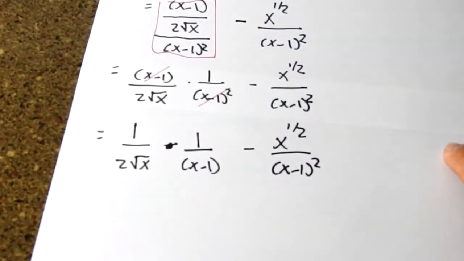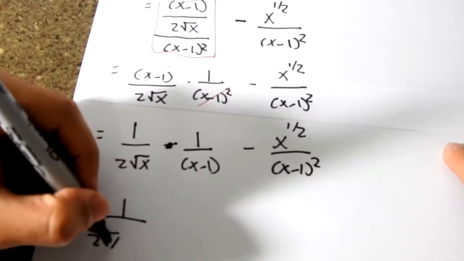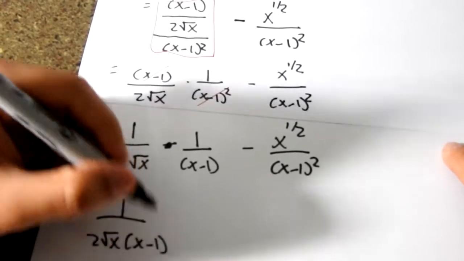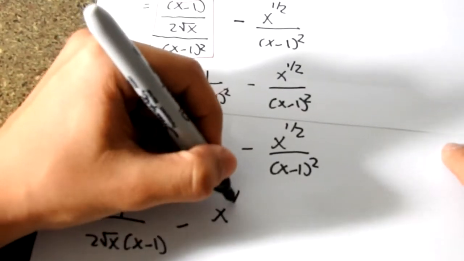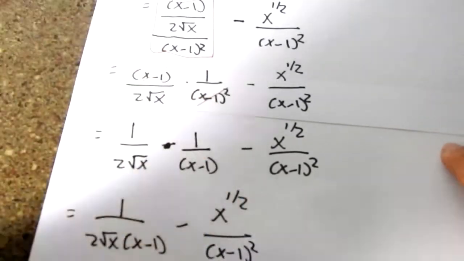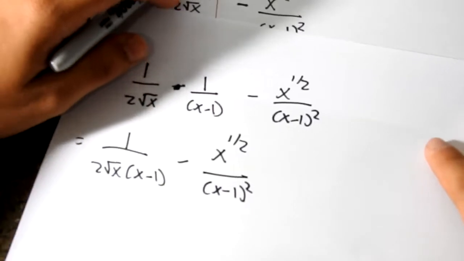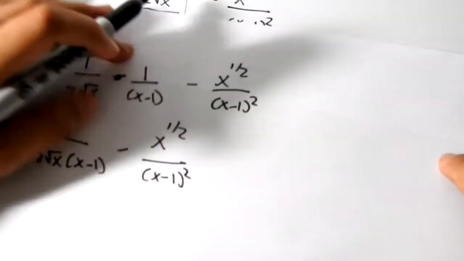So now we can multiply this, and we're gonna have this denominator 2x squared x minus 1 minus x to the 1/2 x minus 1 squared. So now let's see, we have two fractions. So let's review a little bit of algebra.